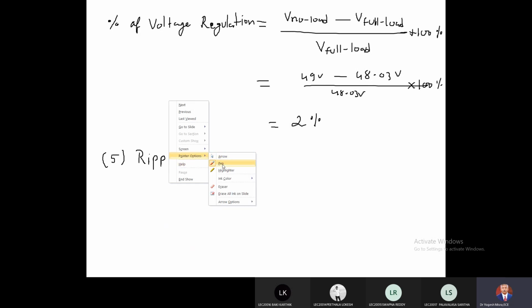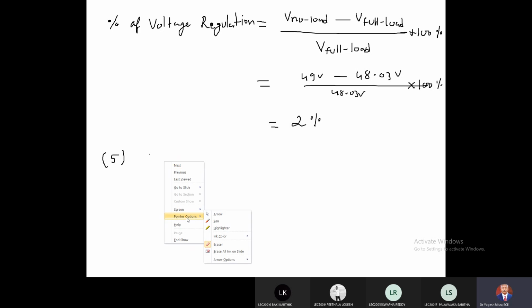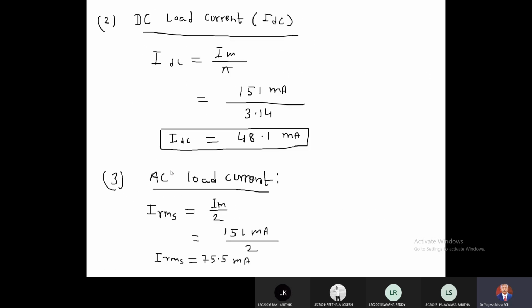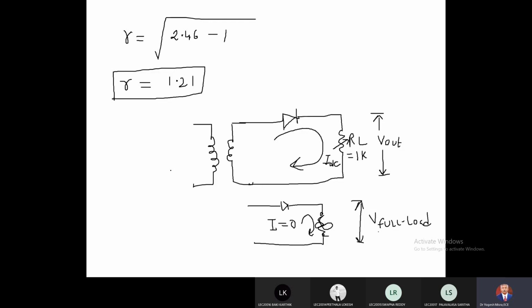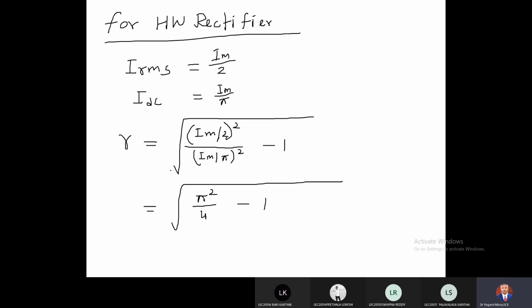Let us see this efficiency first, the efficiency of the half wave rectifier. We calculated the efficiency of the half wave rectifier in the last report. The ripple factor we already calculated as 1.21.